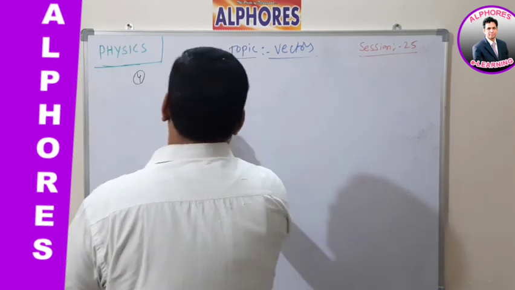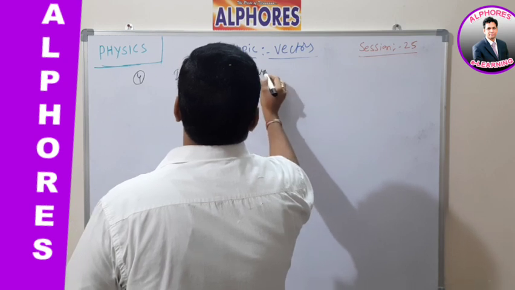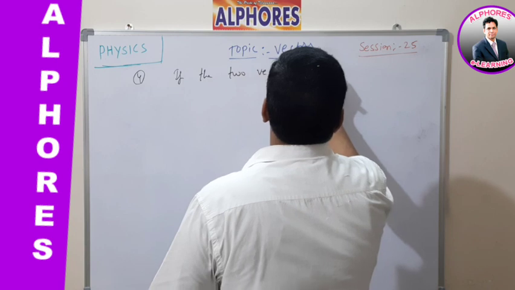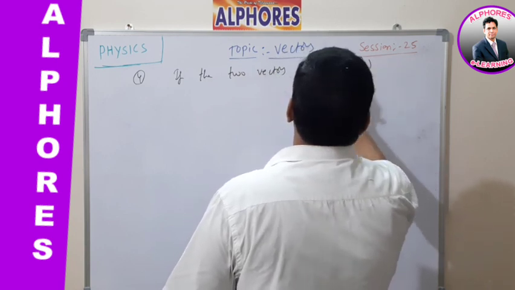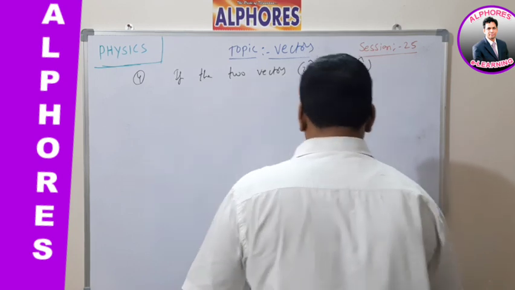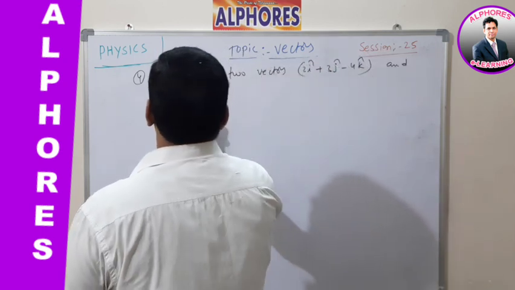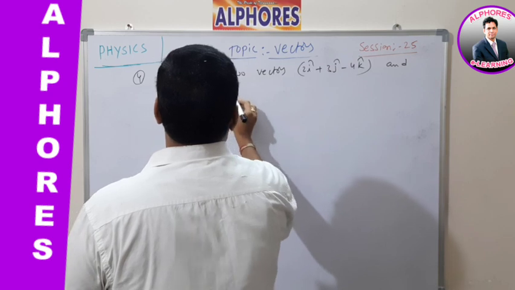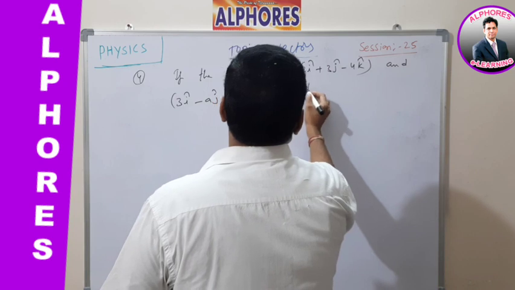So, write down all of you. I am giving two vectors. Let us say the two vectors 2i cap plus 3j cap minus 4k cap and one more vector 3i cap minus A into j cap plus B into k cap are to be parallel.